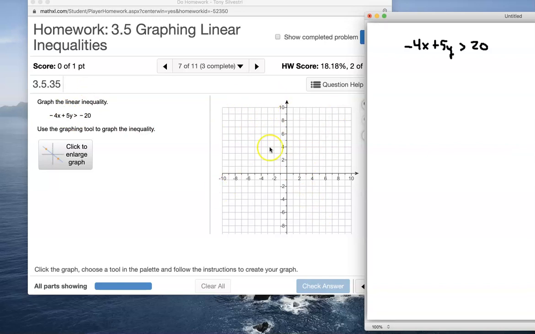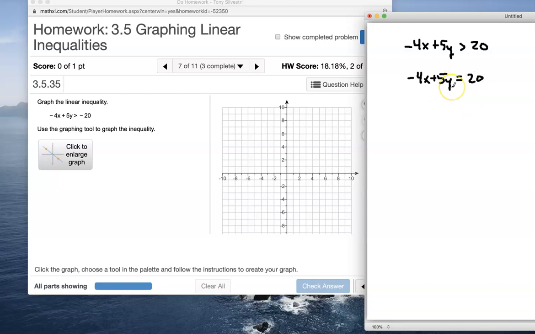Okay, you're going to come up with a line that separates the world into two parts: the part that works and the part that doesn't. What am I talking about? Change this to an equals. Okay, I've changed it to an equals. That line right there separates the world.